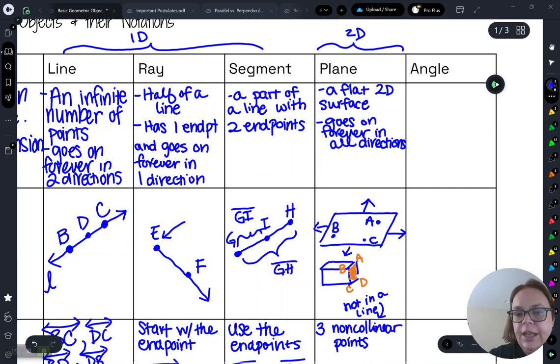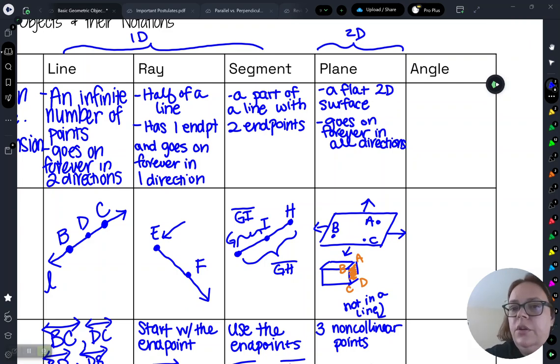That's going to turn into a vertex of the angle. So I guess I should say 2 rays that share an initial endpoint, and that becomes the vertex. You can call it an endpoint or you can call it an initial point.